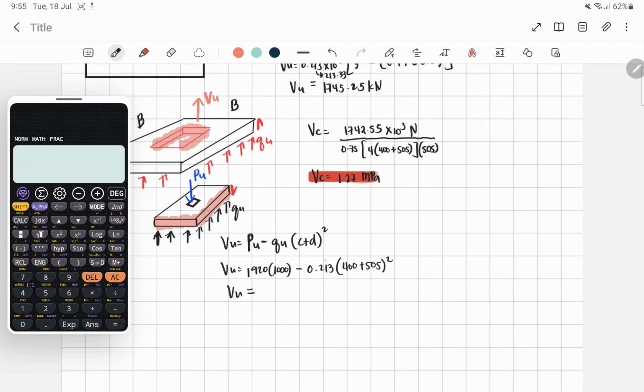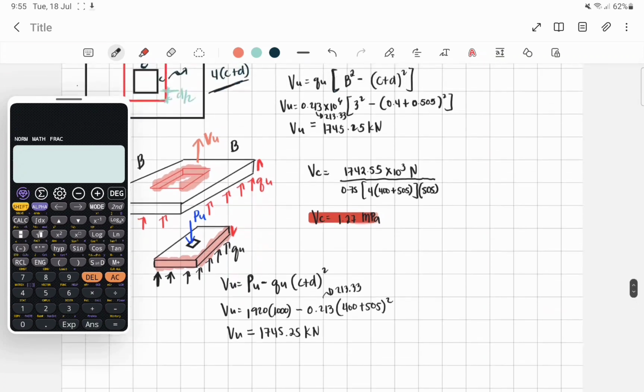If we use 213.33 kilopascal instead of megapascal, the answer will be the same. So we have proven that you can use any cross section or any member from this punching shear. That is what I proved.